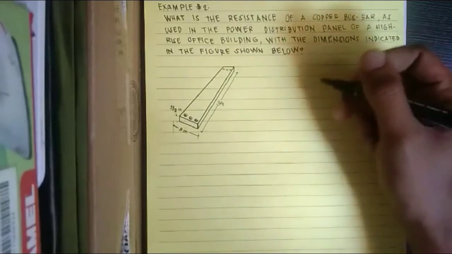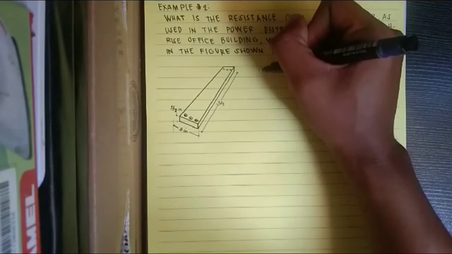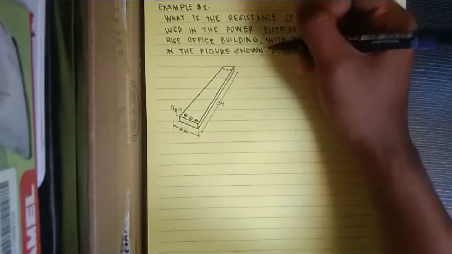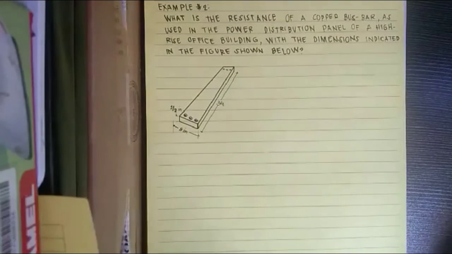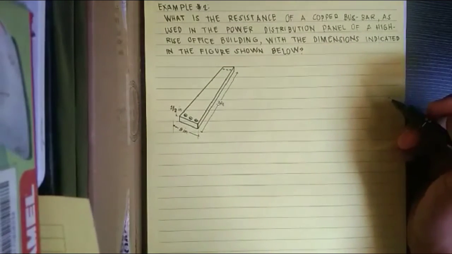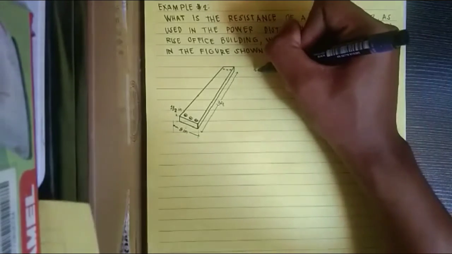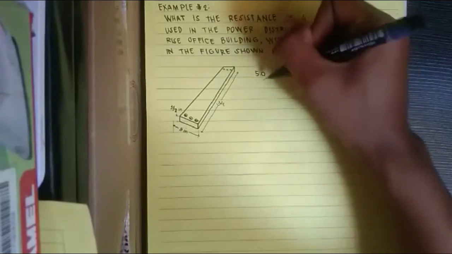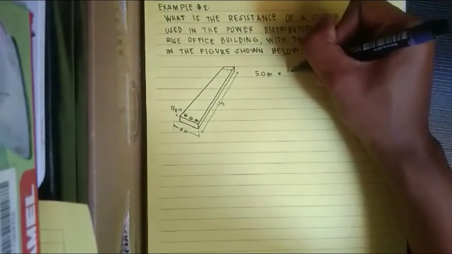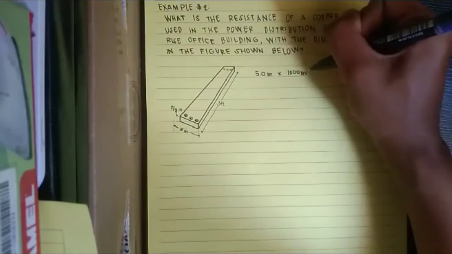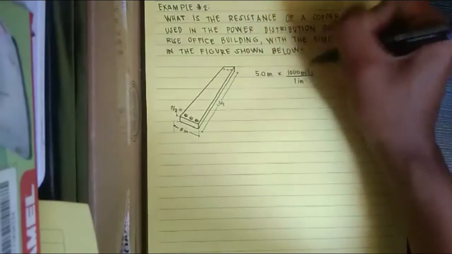Kaya, yung 5 inch convert natin into mils, magiging 5.0 inch multiply by 1,000 mils over 1 inch.